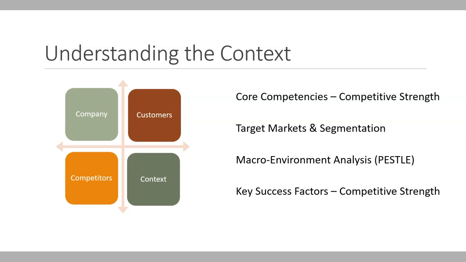What are those things that differentiate us from competitors? And within that context is this macro environment, which may include things like the economy, the environment, social trends, technology trends, even legal constraints. All of those set a context for your business strategy.